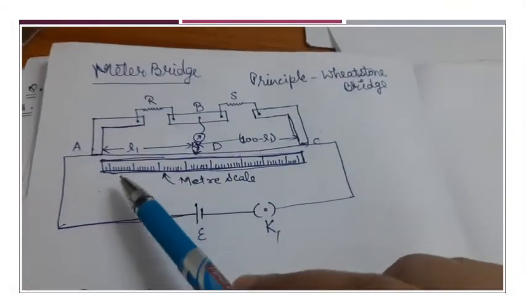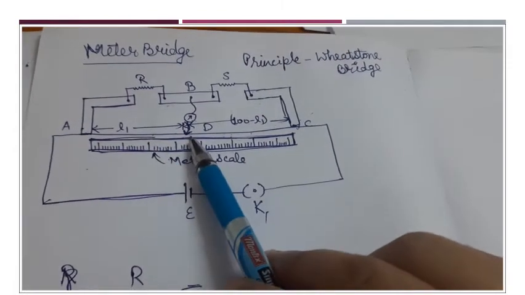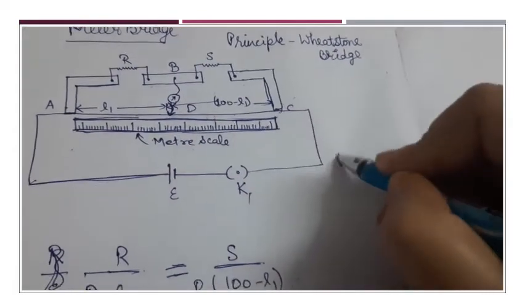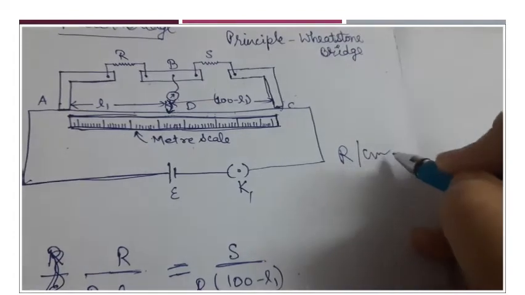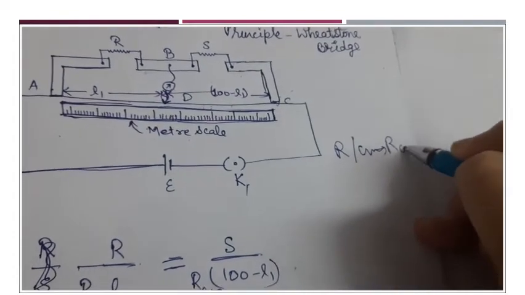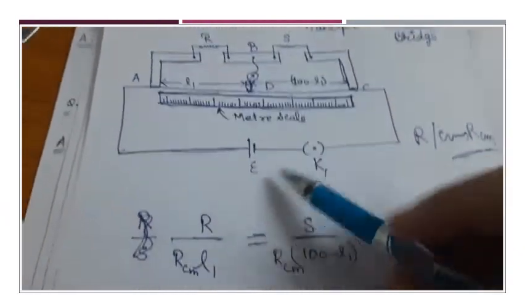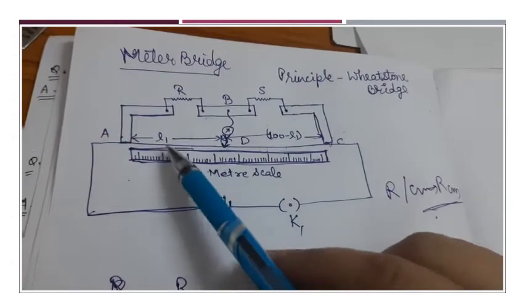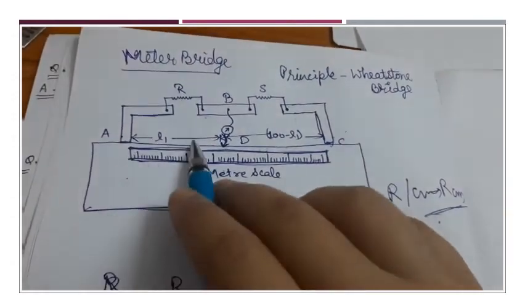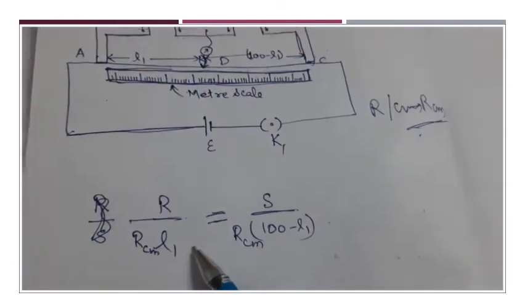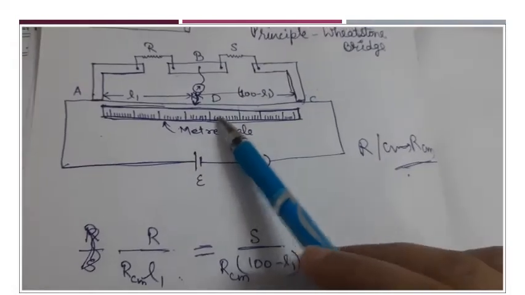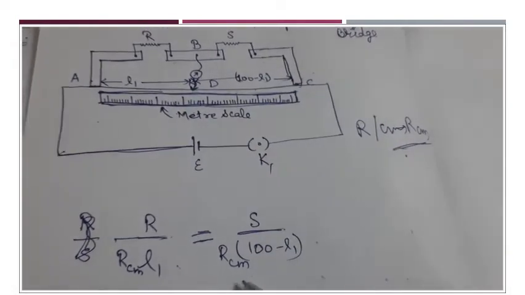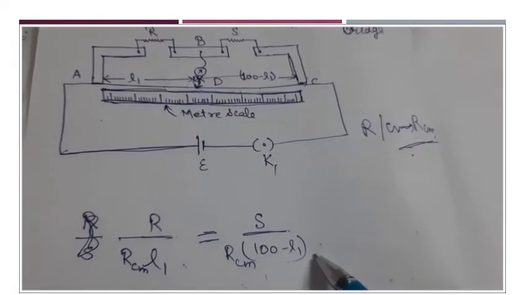Now suppose the resistance per centimeter of the wire is labeled RCM. Then the resistance of length L1 will be RCM into L1. Similarly, the resistance of length of wire 100 minus L1 will be RCM into 100 minus L1.